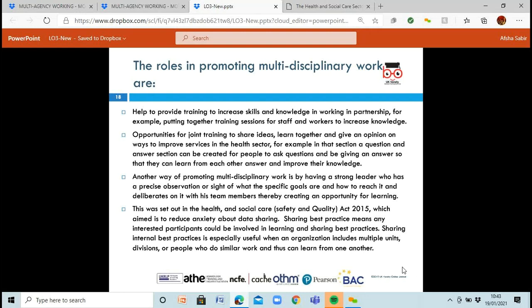It's aimed to reduce anxiety about data sharing. The best practice within this means that any interested participants can be involved in learning and sharing their best practices. It's always good to share them internally, find out what things you may want more experience on, then get a member of staff who you think knows a little bit more than yourselves or can help you, and just learn off each other.